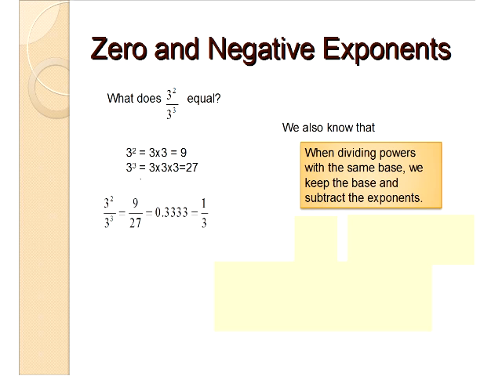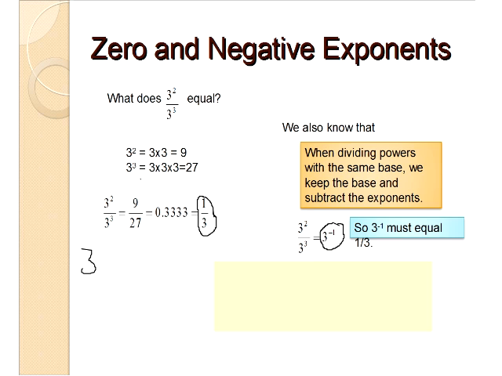We keep the base, subtract the exponents. That'll give us 3 to the negative 1. And so what this means, again, we've done this two different ways. We got two answers that look different, but they must be equal. So 3 to the negative 1 equals 1/3.